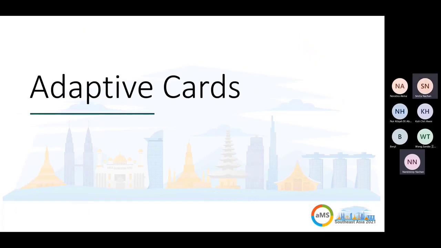So now let's look at adaptive cards. If you are not familiar with them, let's start our discussion with the basics. Adaptive cards are platform-agnostic snippets of UI which are authored in JSON format. Adaptive cards are an open card exchange format enabling developers to exchange UI content in a common and consistent way.